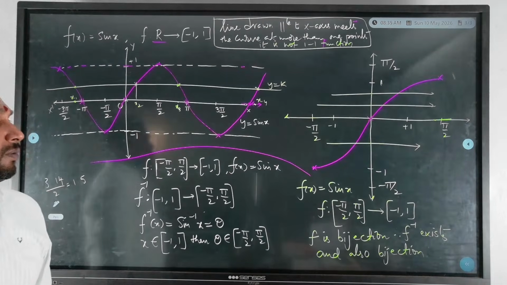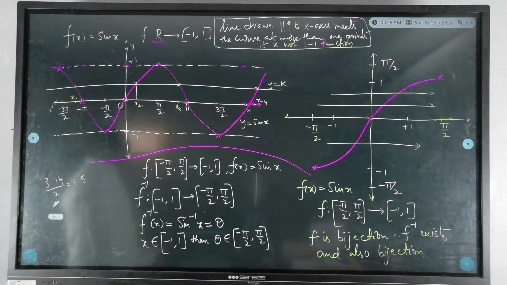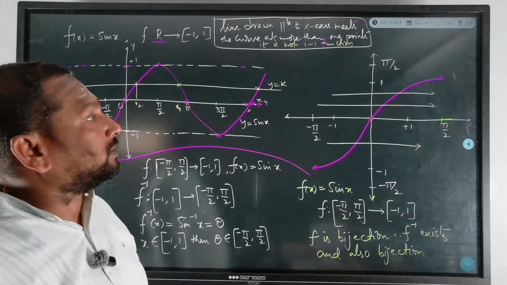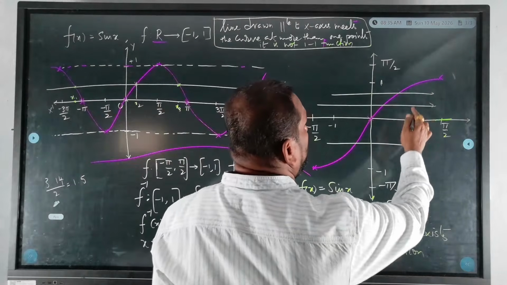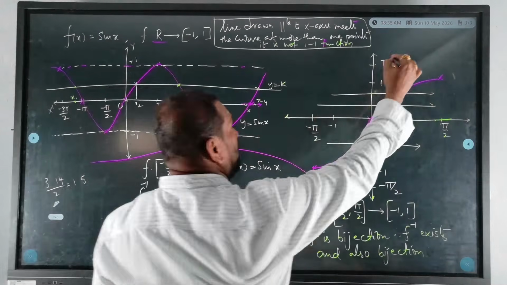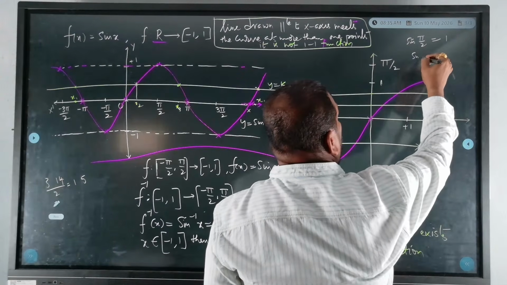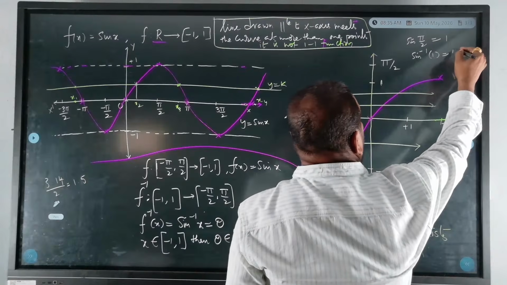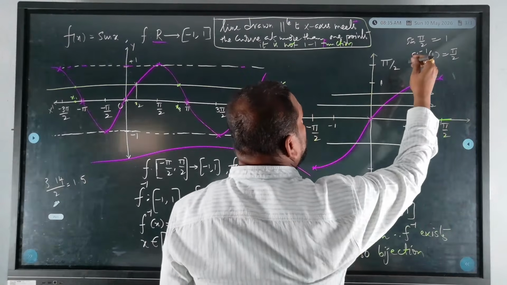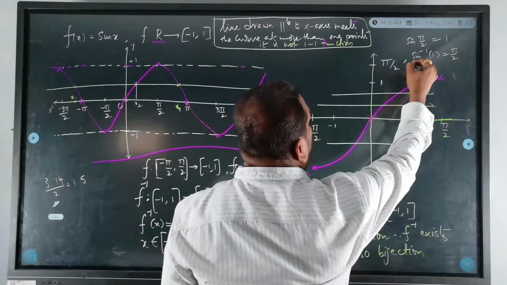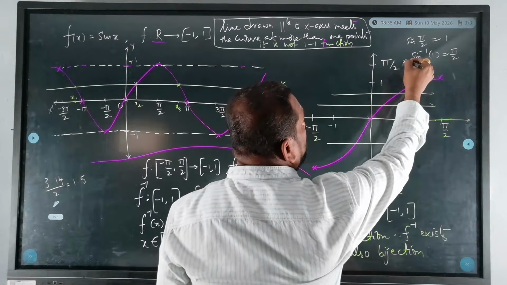So now what about sin inverse 1? Tell me. Sin inverse 1. What is sin inverse 1? Sin pi by 2 is equal to 1. So sin inverse 1 is equal to pi by 2.